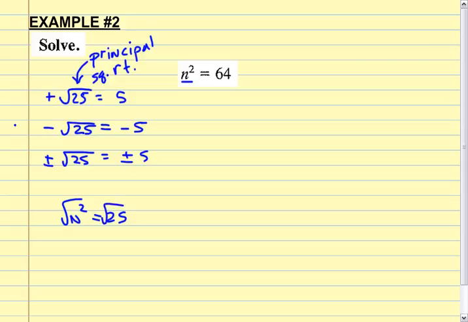The square root of n squared, well, what is that, Jet? The square root of n squared. N, okay? That's what we wanted to do. We wanted to unsquare it, right? So we got n by itself, but we have to give positive 5 and negative 5. We can write it like that, or we can write it as positive negative 5, like that, okay?